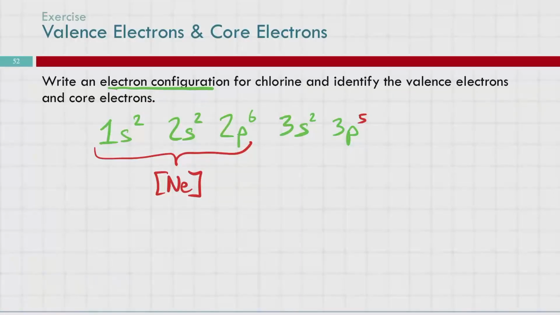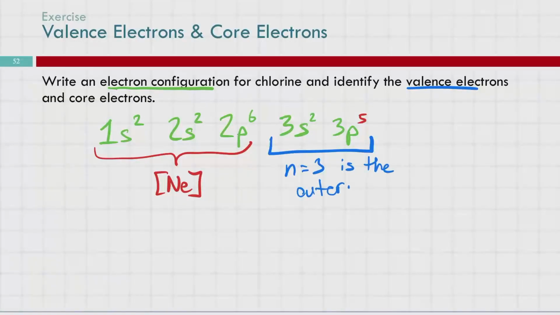So our valence electrons are going to be our outermost electrons, our n equals 3 electrons. So this is the outermost shell if we're thinking of our Bohr model, or our biggest principal quantum number, n, in our quantum mechanical model. So we've got 7 valence electrons.